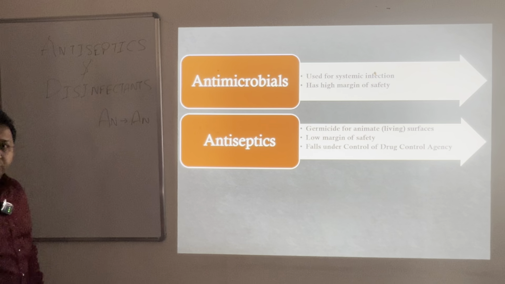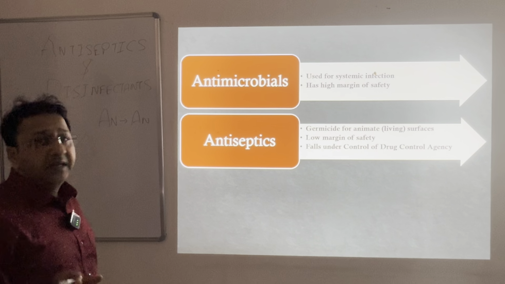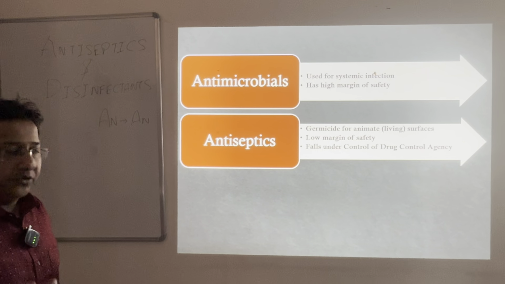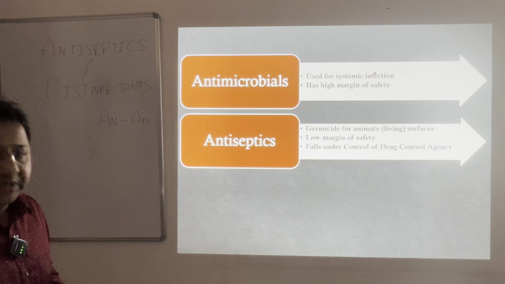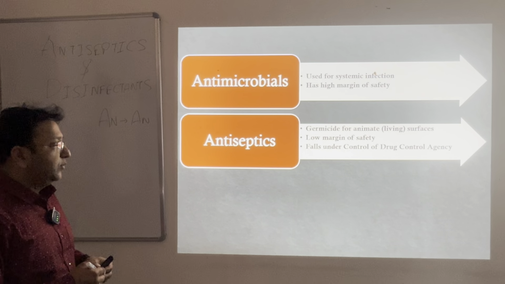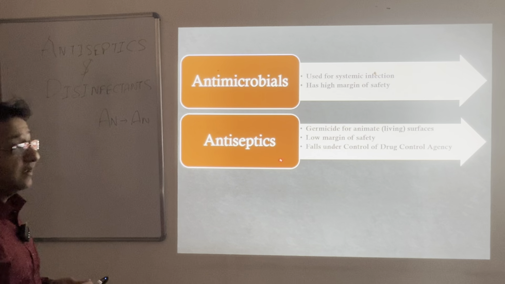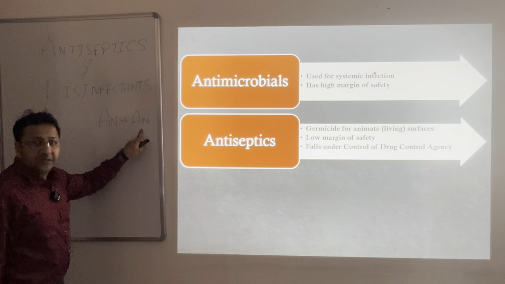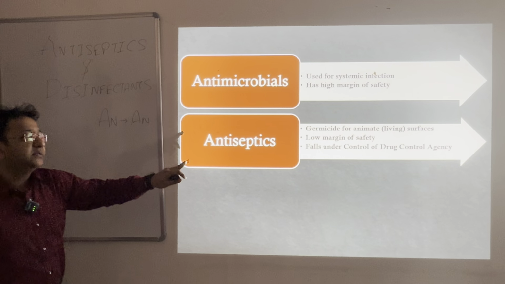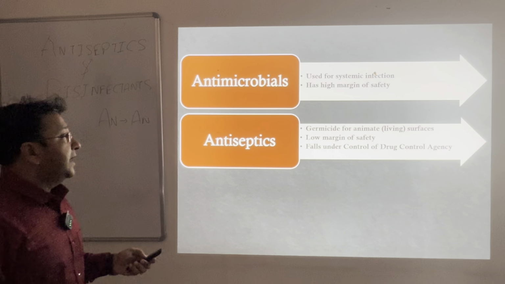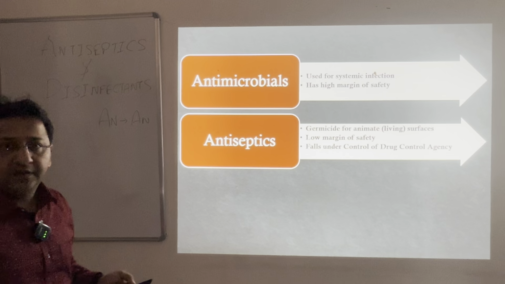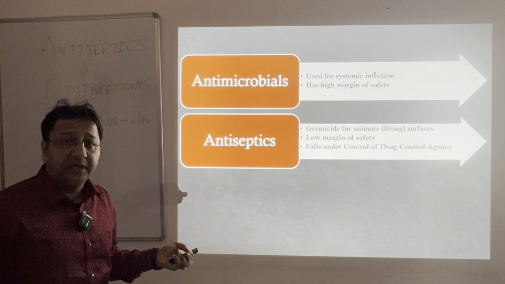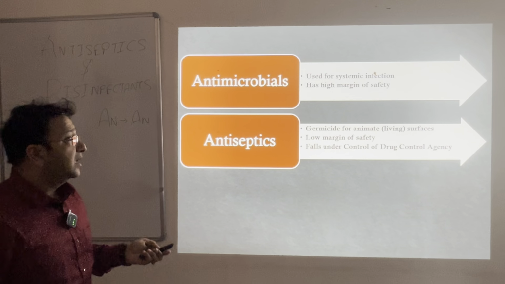So, antiseptics are those used for living surfaces, like we use antiseptics for our body and our mucous membrane. This is the antiseptic, not the disinfectant. These have a low margin of safety. That is why we do not use them systemically, we apply them topically only.